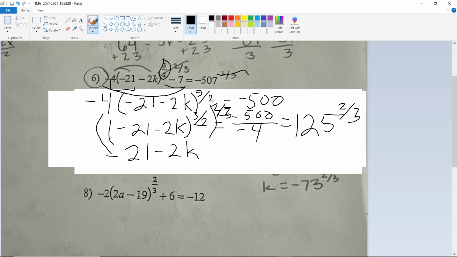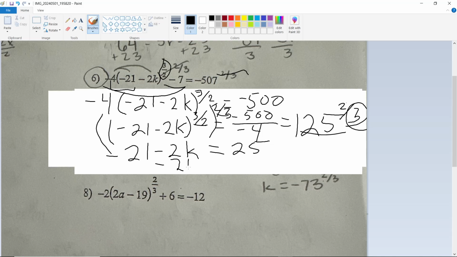And now it equals 125 to the 2/3 power. Well, 5 times 5 is 25, times 5 is 125. So the cube root of 125 is 5, and 5 squared is 25. Now I will add 21 to both sides.